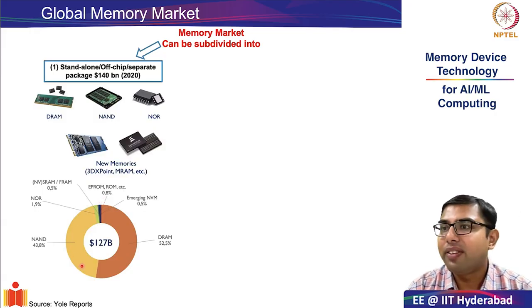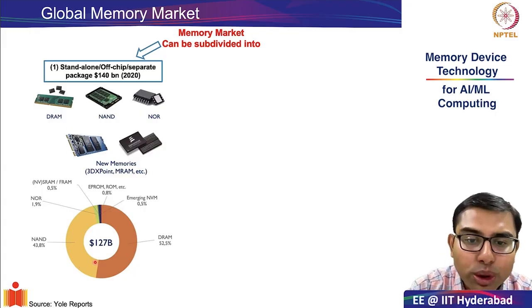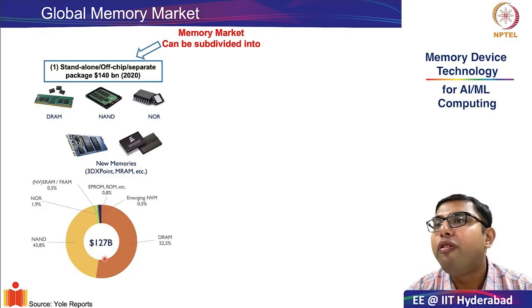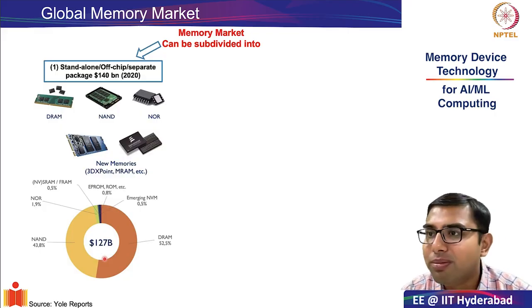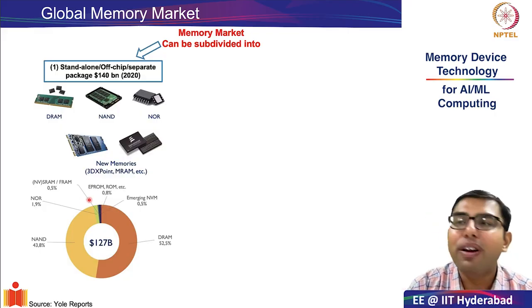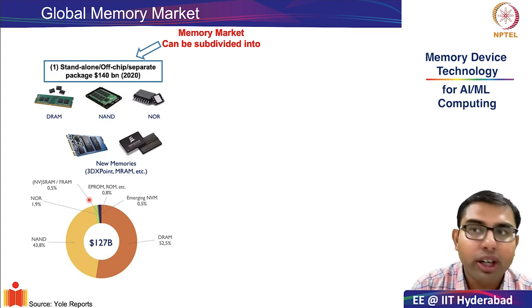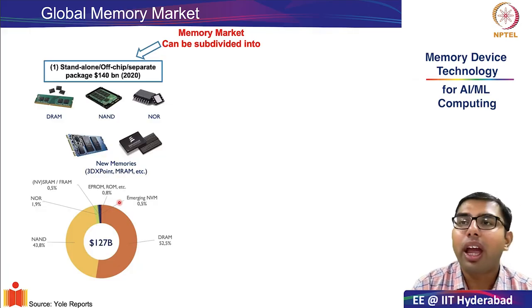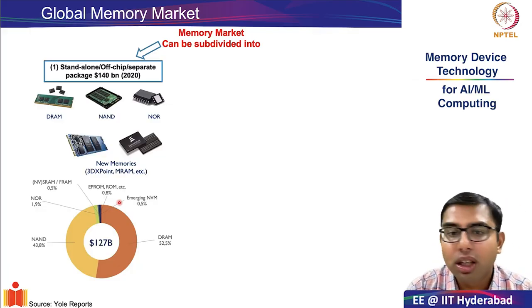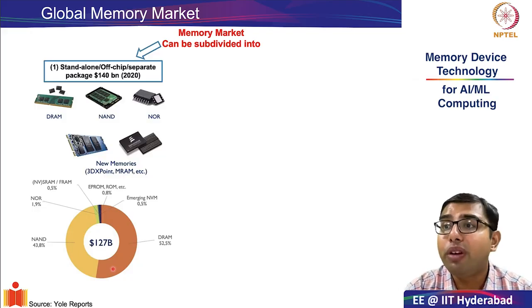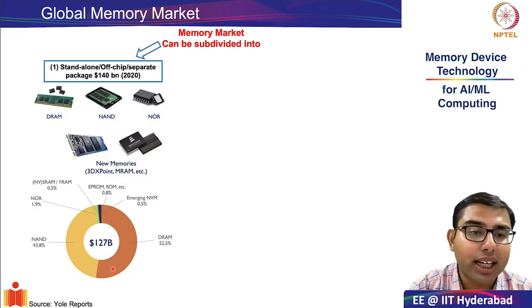We discussed that when you buy a DRAM chip, it is roughly 4 to 64 GB, whereas NAND flash starts from half a TB. However, in absolute dollar terms, the size of the DRAM market is more than 50% of the off-chip market.